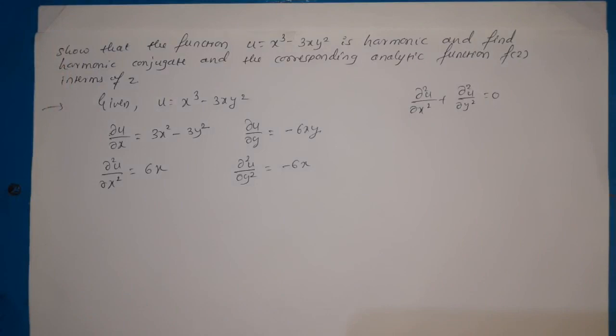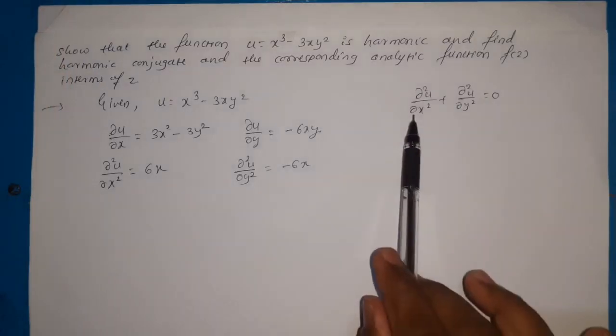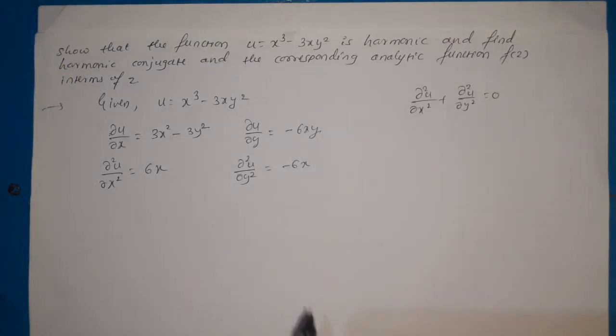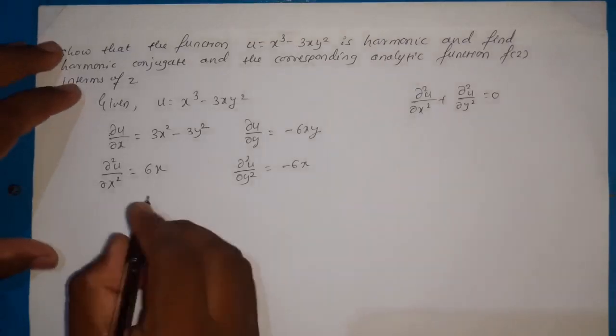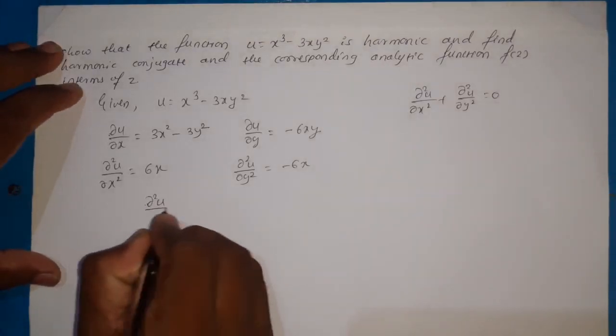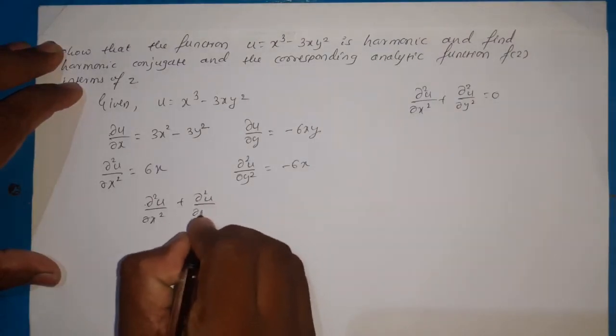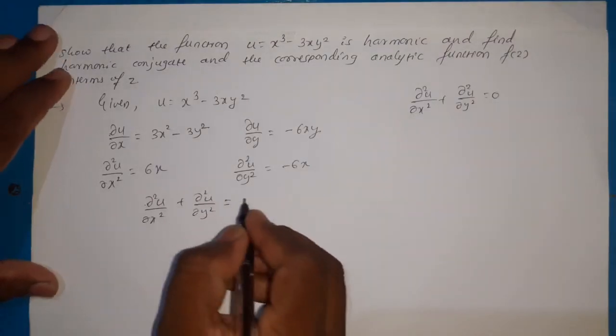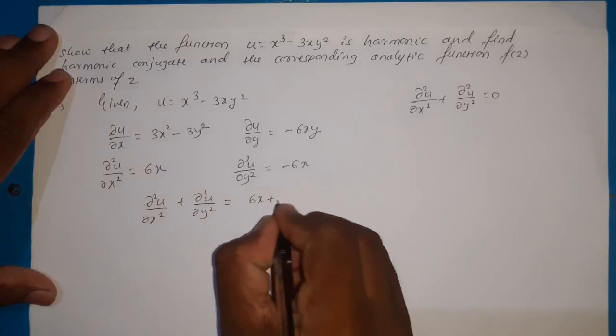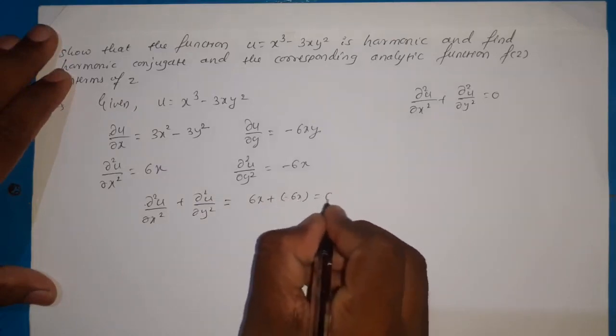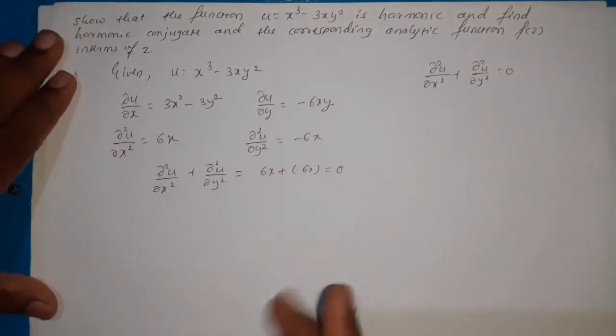So by using the Laplace equation, ∂²u/∂x² plus ∂²u/∂y² equal to 0. So here now adding ∂²u/∂x² plus ∂²u/∂y², it is equal to 6x plus minus 6x, which is equal to 0.